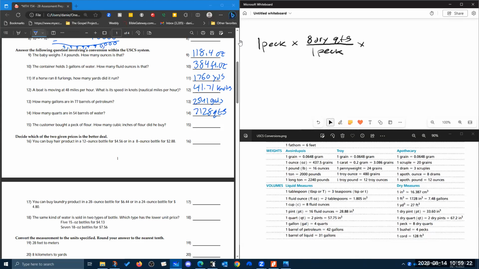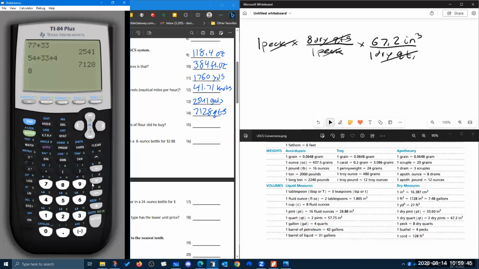And 1 dry quart is going to be 67.2 cubic inches. So we have 8 times 67.2, 537.6 cubic inches.